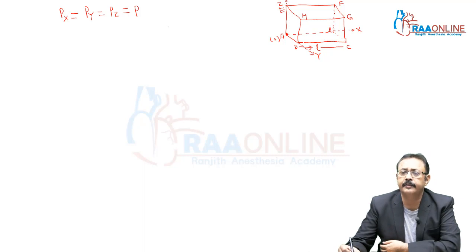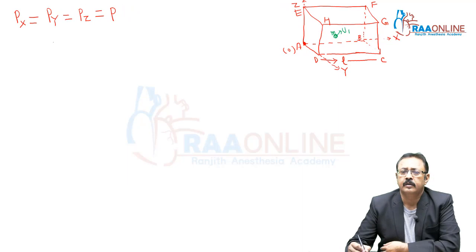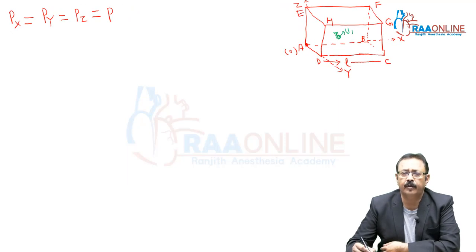I am considering one molecule. It was moving with velocity u1 in this direction. Its mass was m. So I am considering only this molecule which is moving towards any random direction with velocity u1.